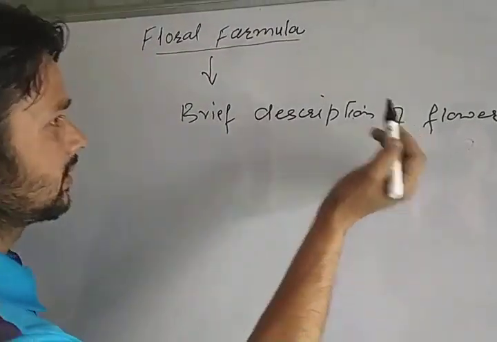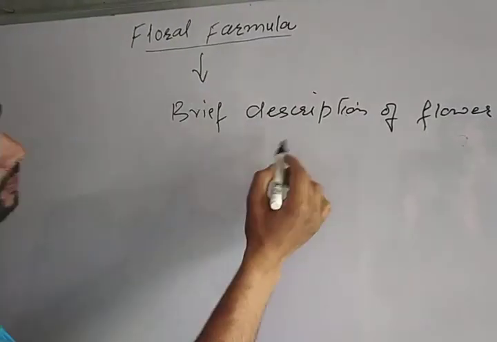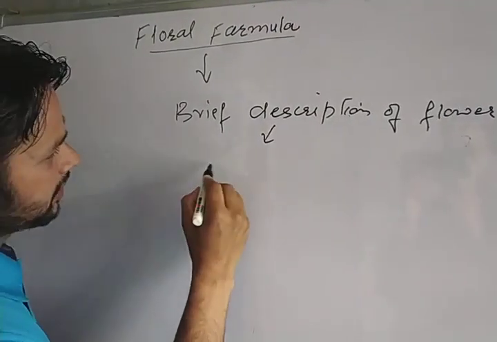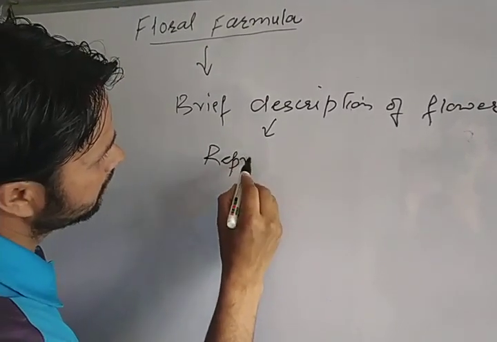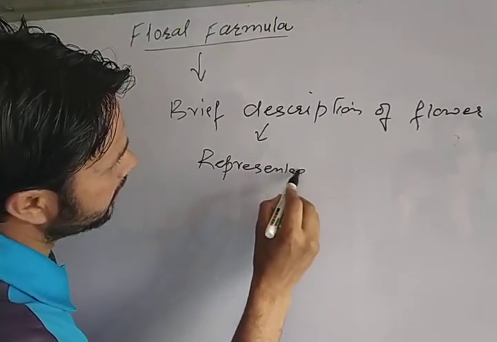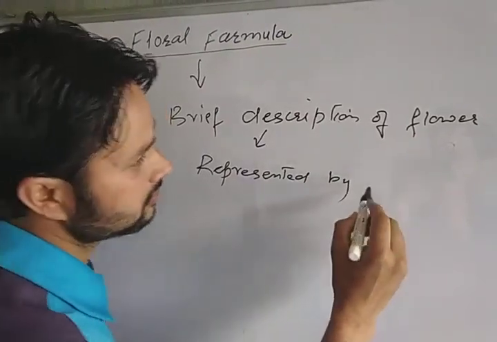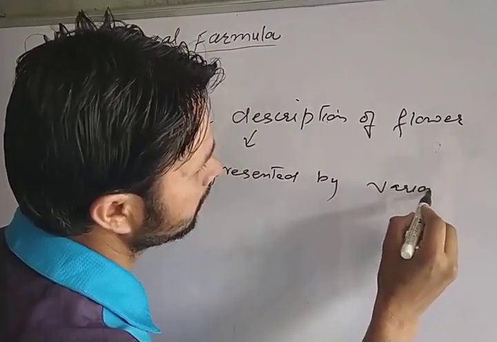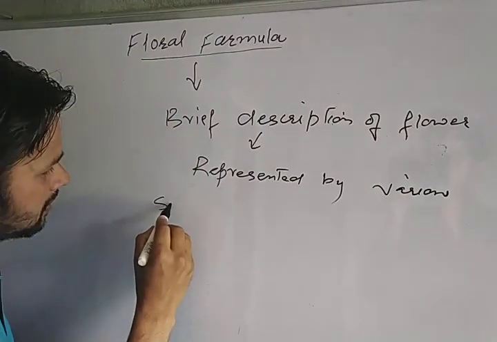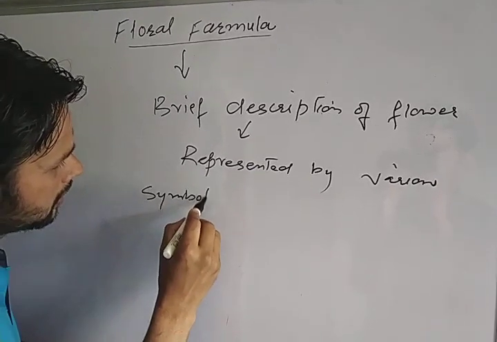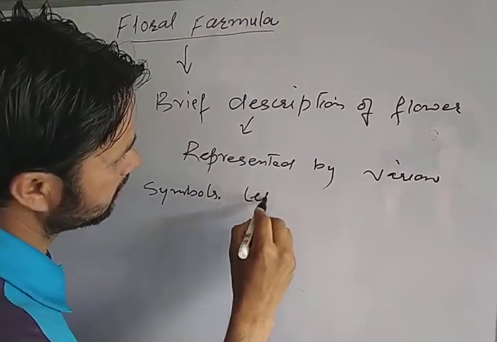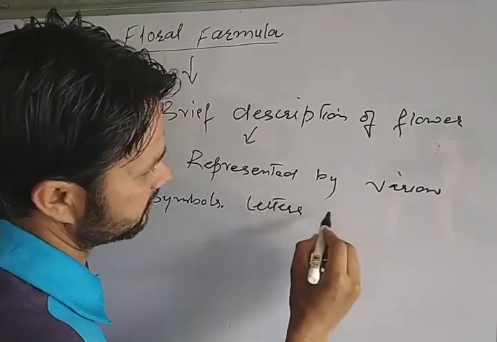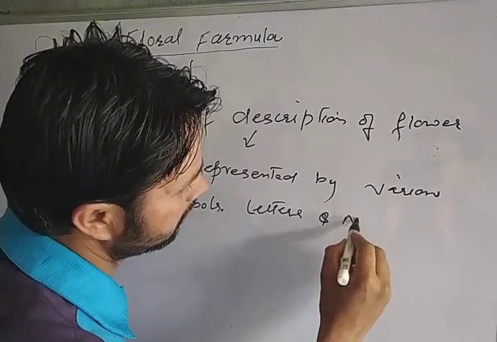We can explain the flower in a technical or scientific way. This description is represented by various symbols, letters, as well as numbers.